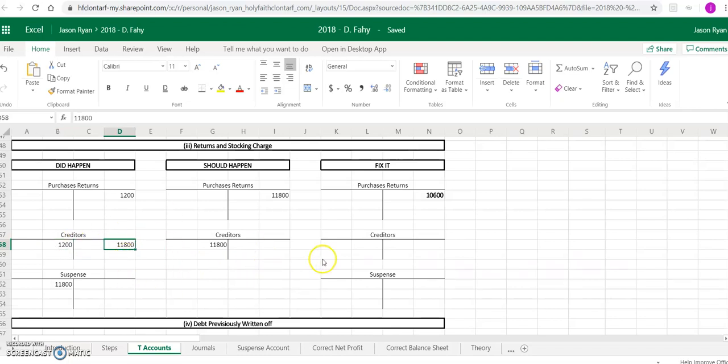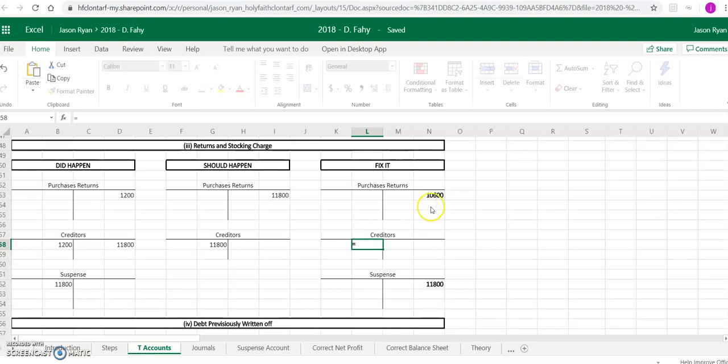Through the calculation, but what I usually do is I skip down to the suspense. So we've got 11,800 in the suspense. So we put 11,800 on the credit side to cancel it off. What we need to put on the creditors then are these two figures added together, because your debits and credits must equal.